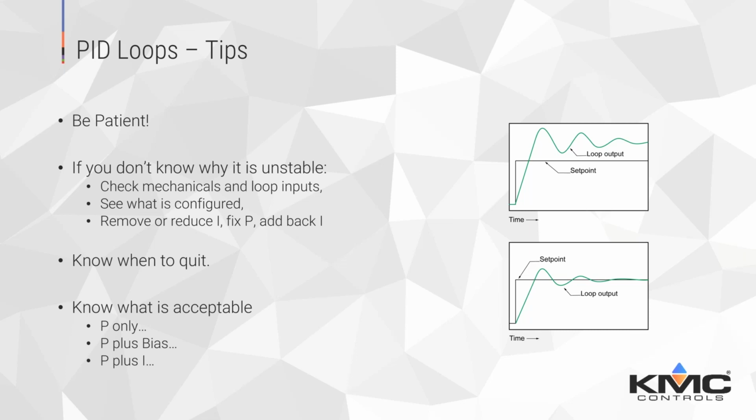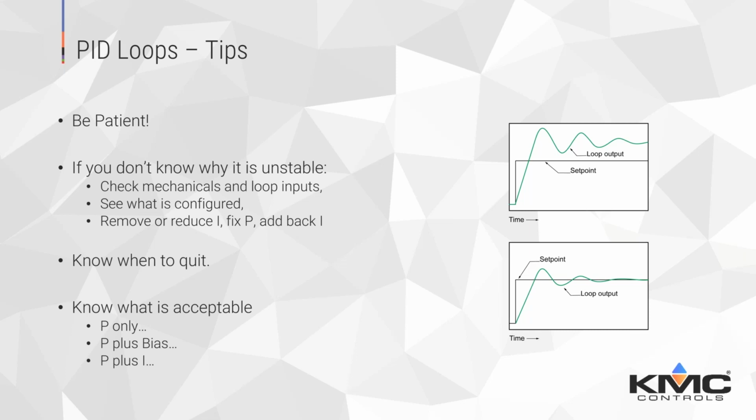Observe it for 10 or 15 minutes, or a reasonable period of time, until you know that, hey, I have ringing or I'm not getting the set point, and I need to make a change. But generally, the more patient you are, the quicker you'll tune your loop, versus making a lot of adjustments and not necessarily knowing what to adjust in the end.